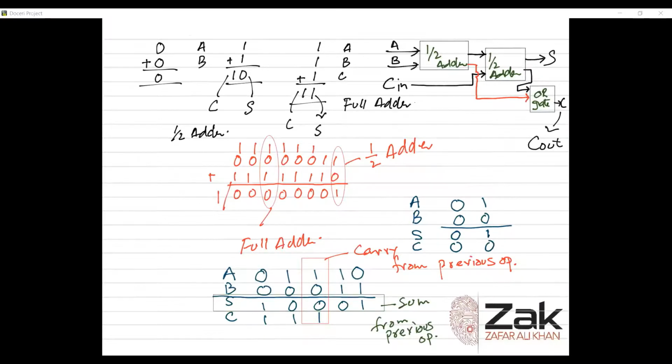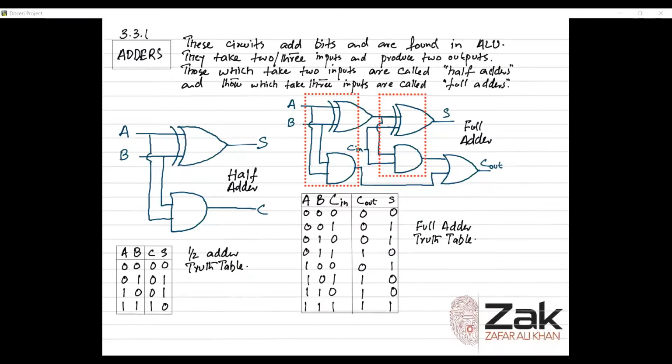So what do we expect in exam? In exam we expect three things: definition and circuit drawing. Number two, they may ask you to explain how the full adder is made up. So you would have to explain that the full adder is made up of two half adders and one additional OR gate.